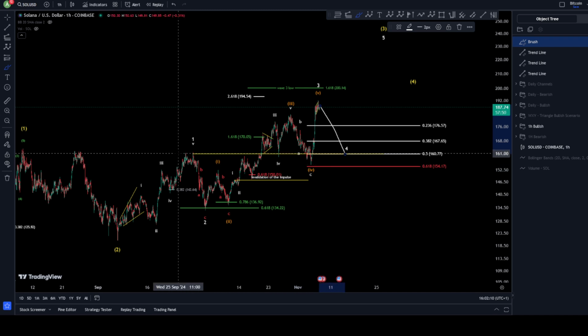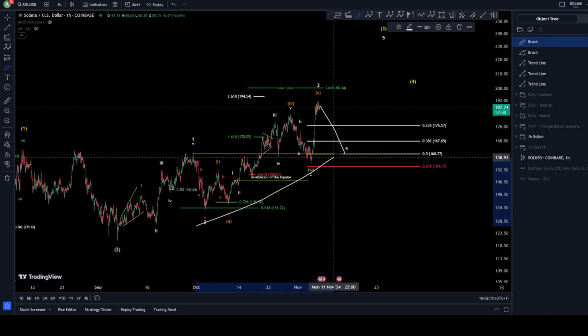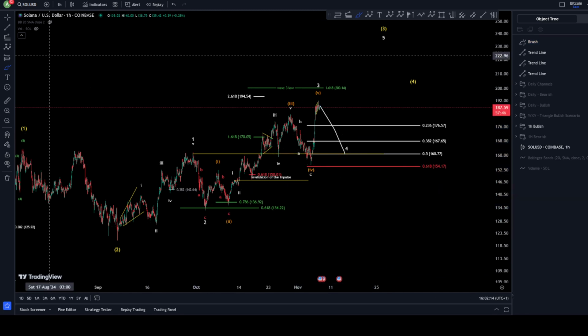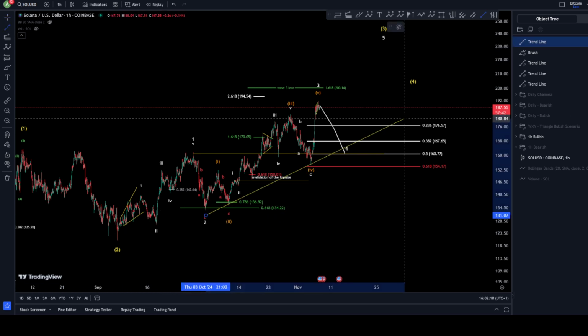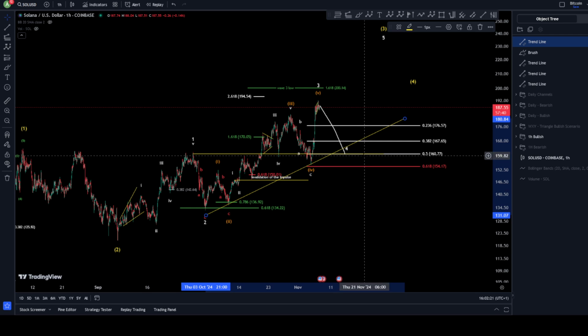Yeah, it could still be. Now, of course, if we break the trend, which is your friend, yeah. So here we go. That's why this price as well is very critical.